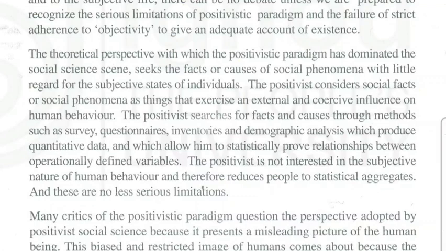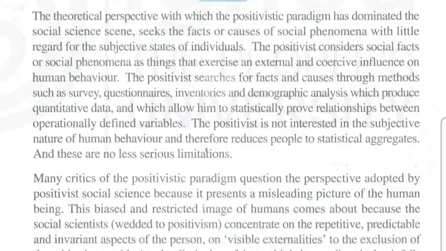The positivist searches for facts and causes through methods such as surveys, questionnaires, inventories, and demographic analysis, which produce quantitative data, and which allow him to statistically prove relationships between operationally defined variables. The positivist is not interested in the subjective nature of human behavior, and therefore reduces people to statistical aggregates. And these are no less serious limitations.